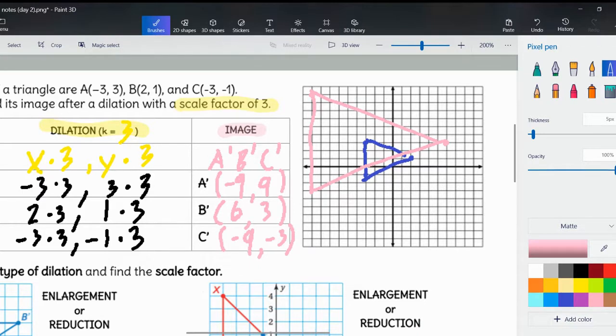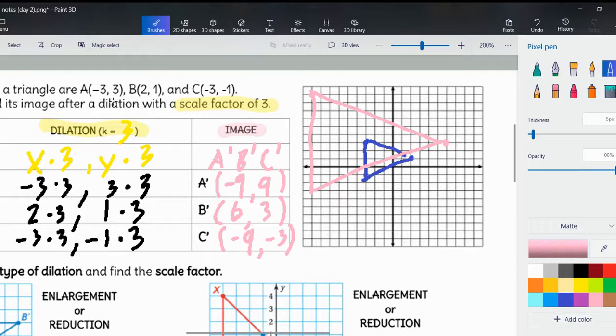I'm happy with those. So you can see how this blue triangle is a lot smaller than the pink triangle, obviously. The pink triangle was dilated and made bigger by a scale factor of 3. What that means is each of these sides is 3 times as big as the corresponding side in the blue triangle.